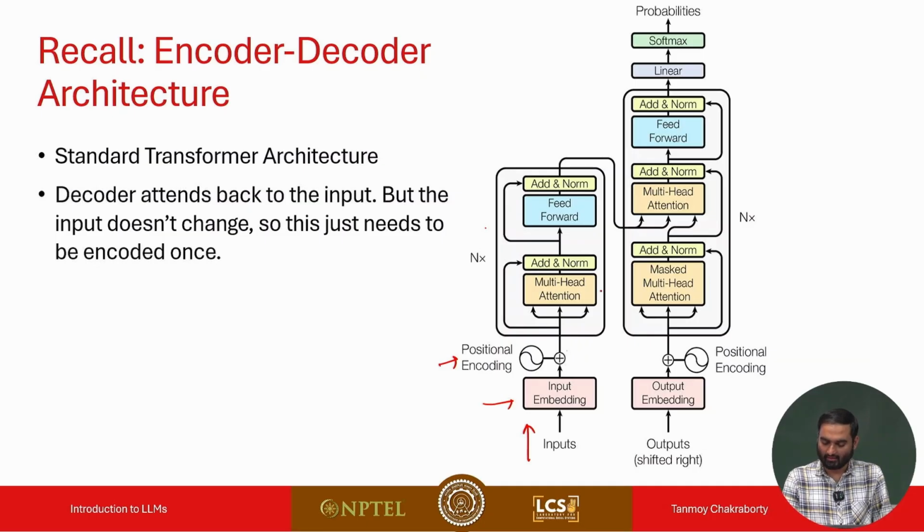Every block has a multi-head attention and a feed forward layer, right? This is the FFN feed forward layer, right? And this is unmasked multi-head attention. And in between feed forward and multi-head attention, you have an add norm layer and the residual connection, right?